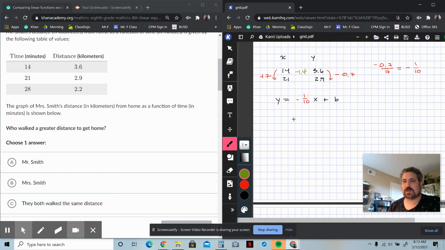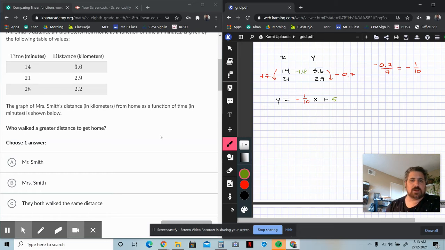So we know that the equation is not going to be plus b, it's going to be plus 5. So this is now our equation for this relationship, that the slope is negative 1/10. In other words, as the minutes increase by 1, the distance is decreasing by 1/10 of a kilometer. So basically walking 1/10 of a kilometer per minute towards home. And then he started 5 kilometers away from home.